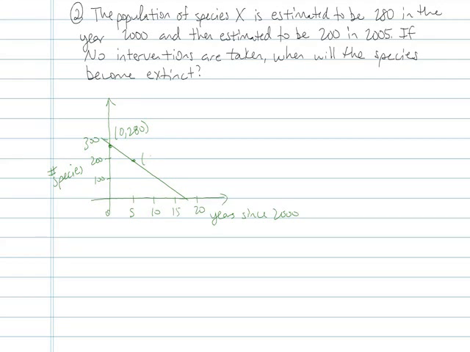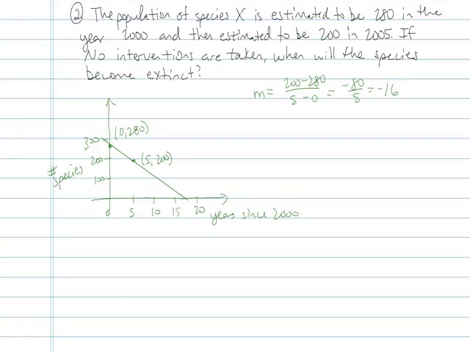What I'm going to do instead is use slope-intercept form of my line. Okay, here's what I mean. First, I would calculate the slope by doing y2 minus y1 on top of x2 minus x1, and I get negative 80 over 5, which is negative 16.